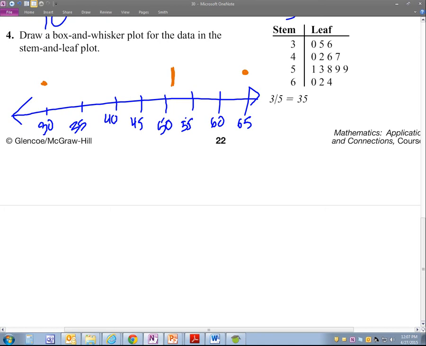Now let's find the upper quartile. So we have 51 as being the median, so we have to find halfway between the highest value and the median. So what's it going to be? What do you think, Abby? There is no 50.